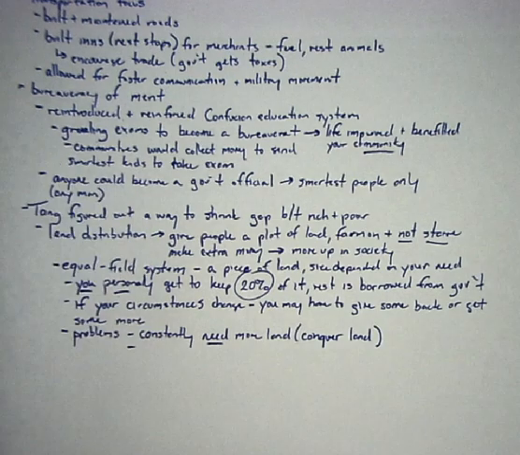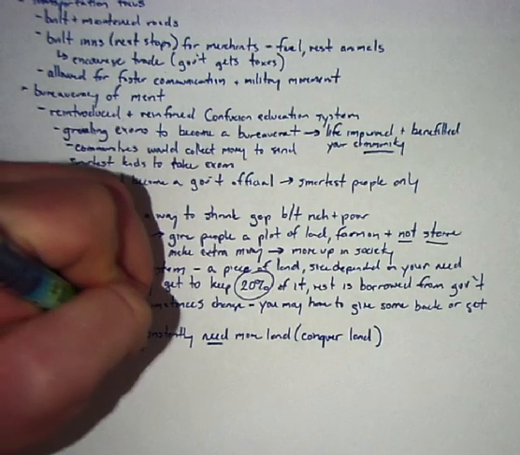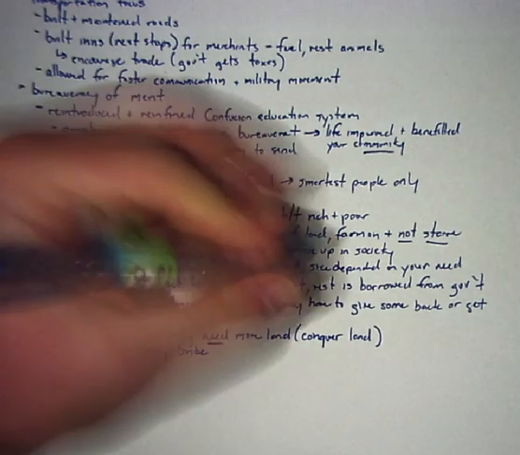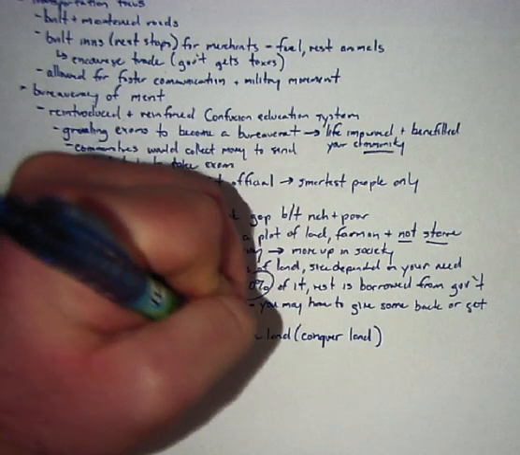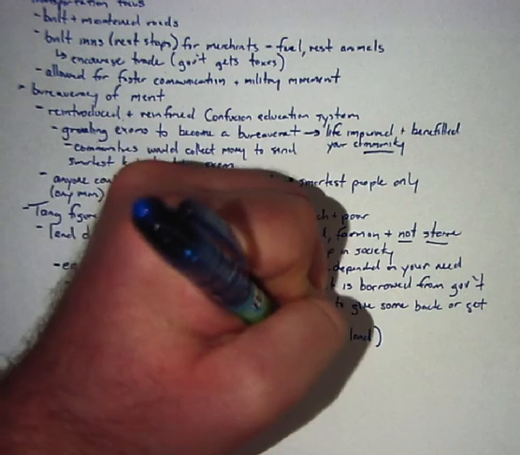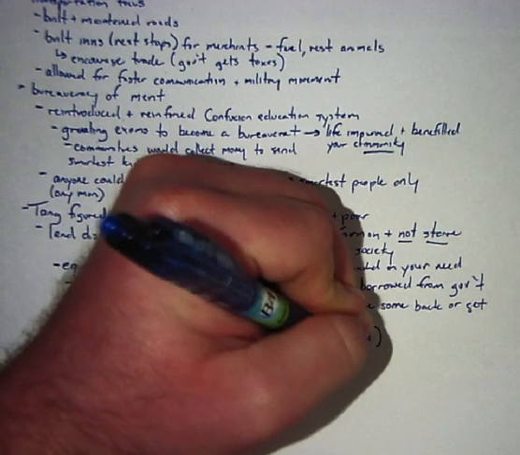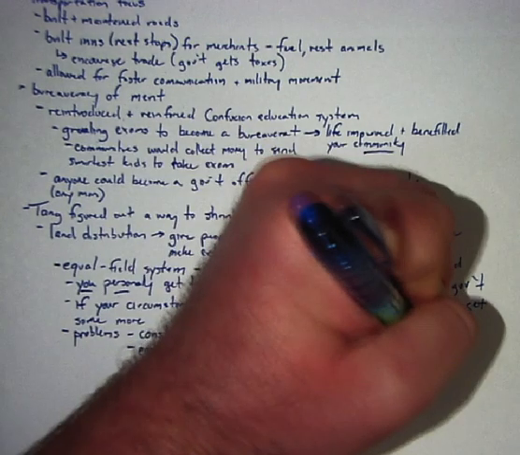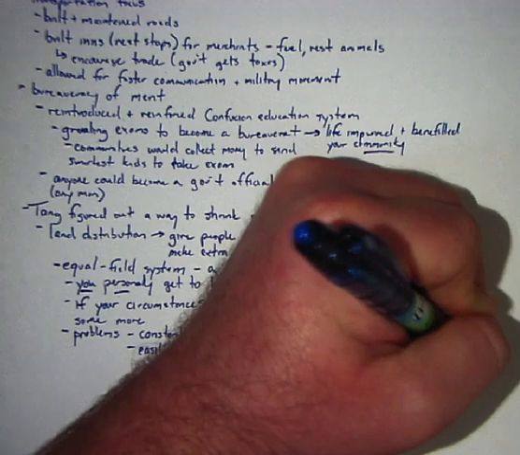Another problem with this is that you could easily bribe government officials into giving you more land or letting you keep more.